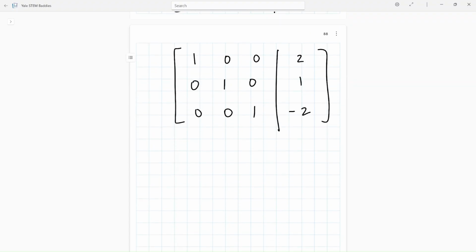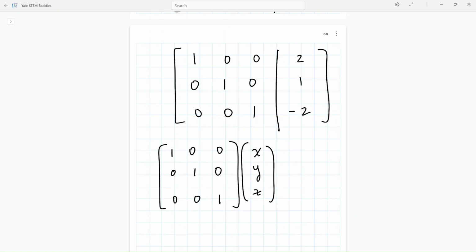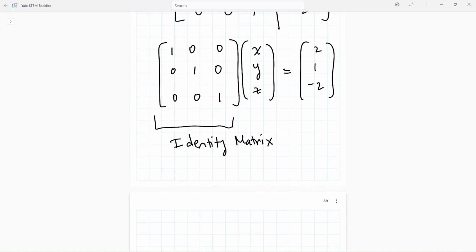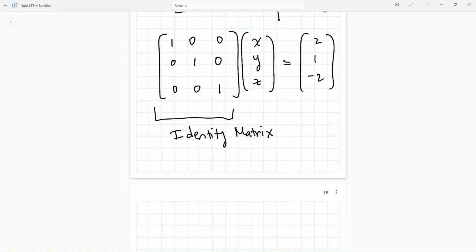And perfect. Now if we put this back into full formal matrix form, we'll see that we basically just have the identity matrix over here, right? This is the identity matrix. So that means that when we multiply that matrix by x, y, and z, it's just going to give us x, y, and z back. The identity times anything is that thing.